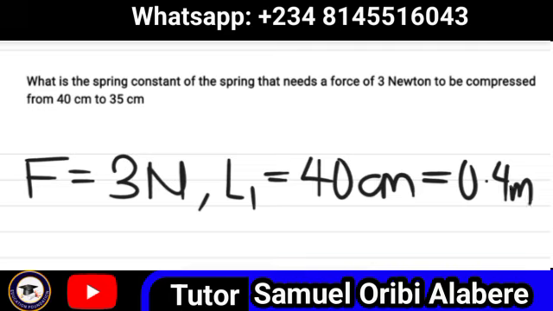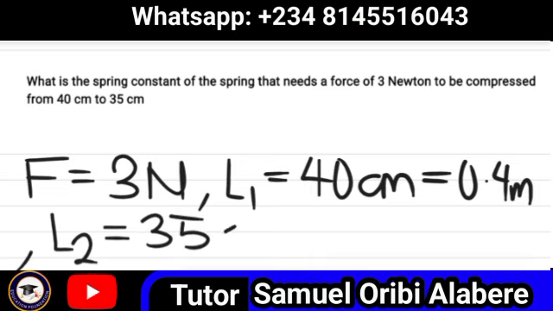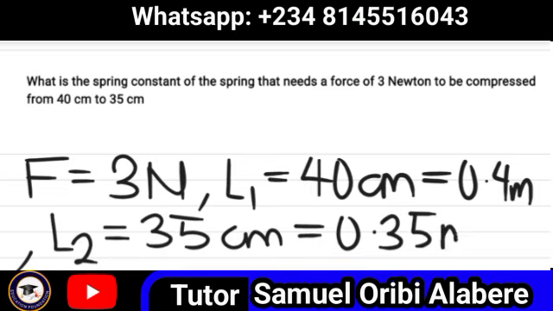Then we now have our final value of the length, which is represented by L2, to be 35 centimeter. So now we are also going to convert this to meters, which will then be equal to 0.35 meters.